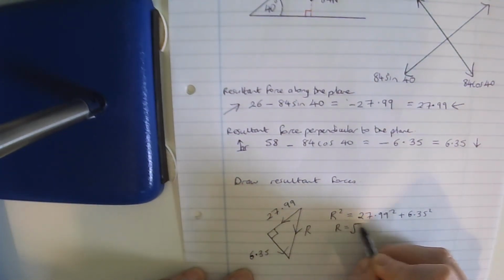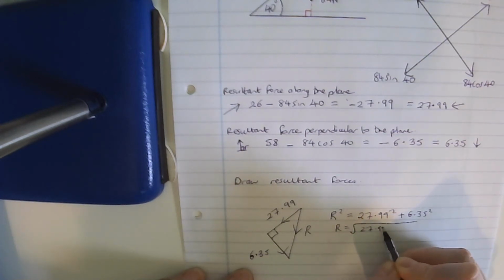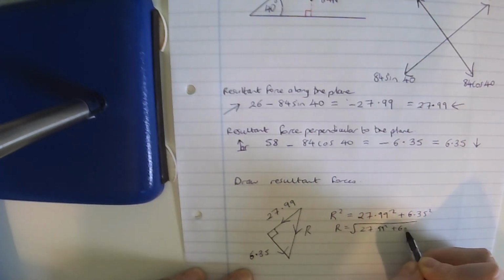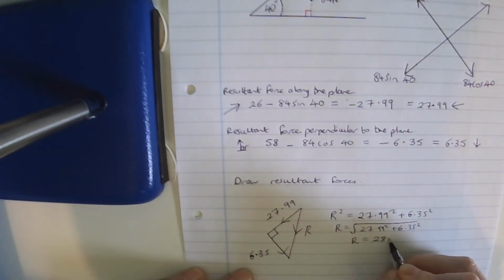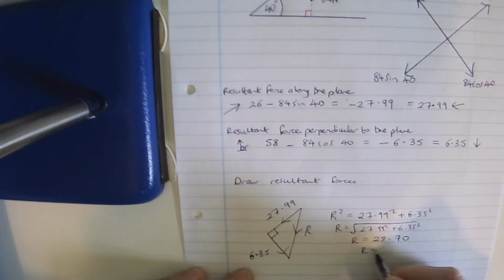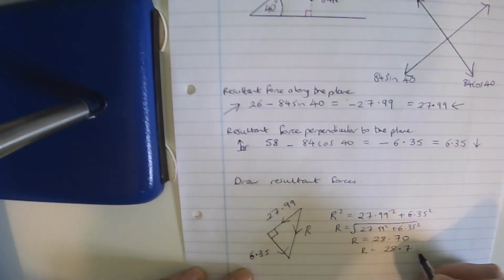So R will just be the square root of all of that. So R is going to be 28.70, which we will round then to 3 significant figures, 28.7 newtons. That's the resultant force.